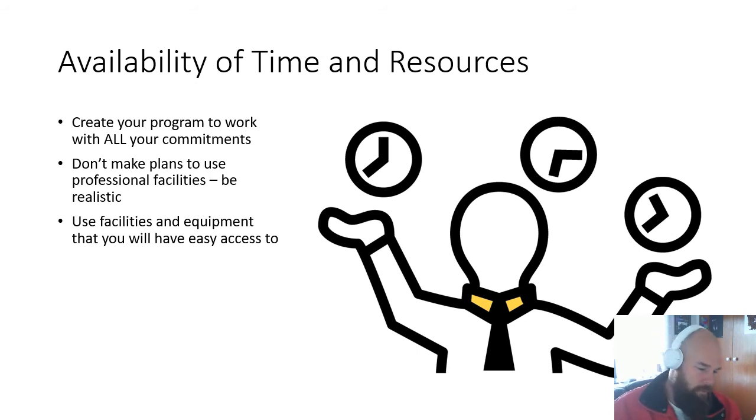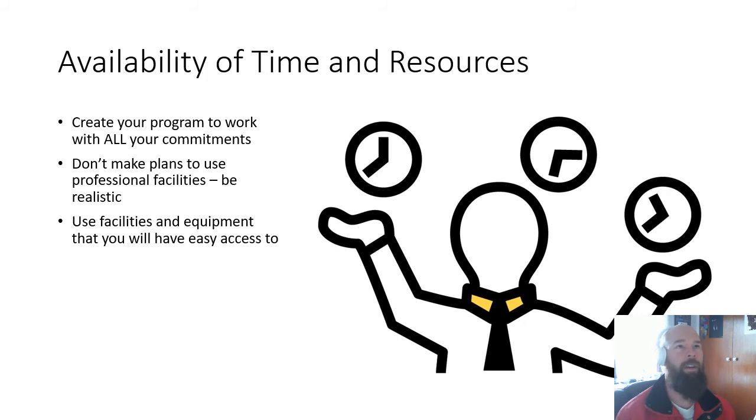If you live, like I do, 35 minutes from the nearest town with those sort of facilities, it's probably not going to be feasible to say, okay, I've got an hour between 4 and 5 o'clock where I can do some exercise, I'm going to drive to the gym and do a session there. My hour of availability is going to be taken up by just driving.